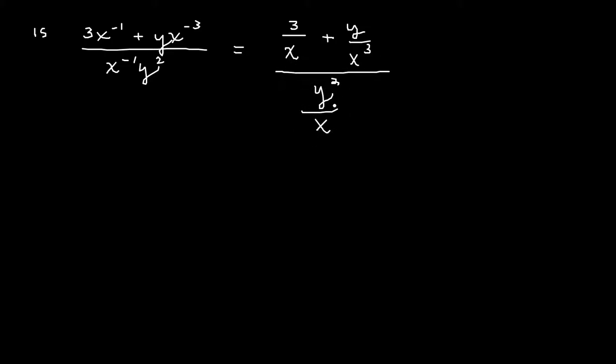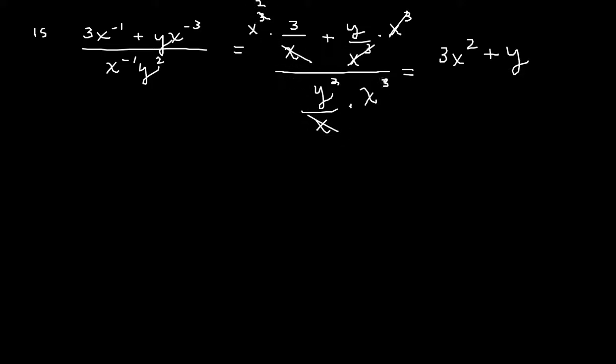Now it's really similar to the last problem we did. The common denominator of all the denominators is x cubed. So everybody gets an x cubed, and that'll take care of the denominators of each of the fractions. So the x's will cross out, so we're going to get 3x squared. The whole x cubed will cross out, so we're going to get plus y. So this will cross out, making x squared.